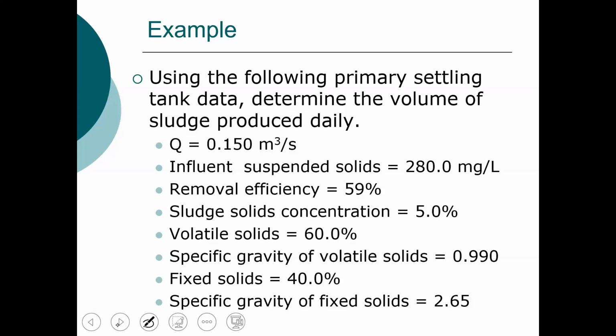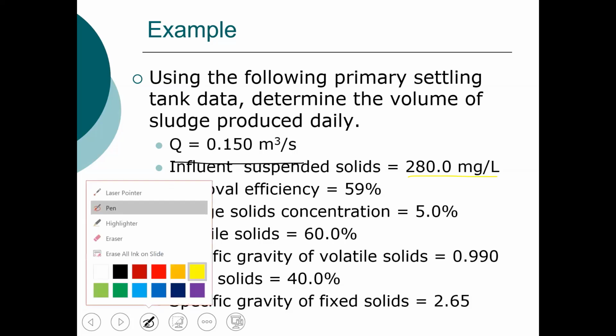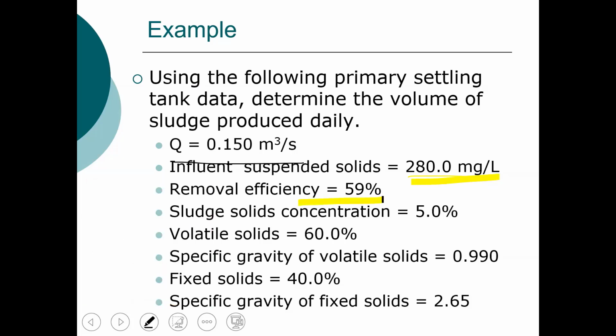So let's look at an example where we are told that we have a primary settling sludge and flow rate of 0.1 meters cubed per second. We're given an influent suspended solids concentration, the removal efficiency of the suspended solids.